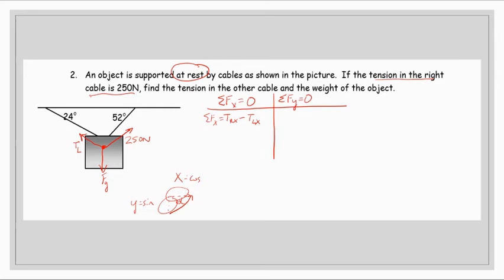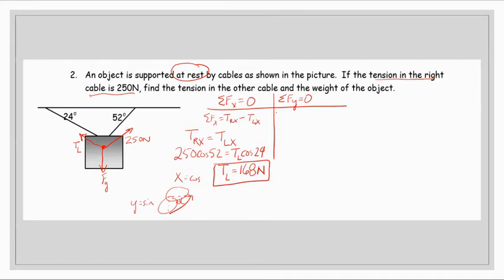So here we know that's equal to 0, so we know tension right X equals tension left X. So we know tension, which is 250, cosine 52 is equal to tension left cosine 24. Okay, and that's going to end up giving us a value of tension left is equal to 168 newtons.